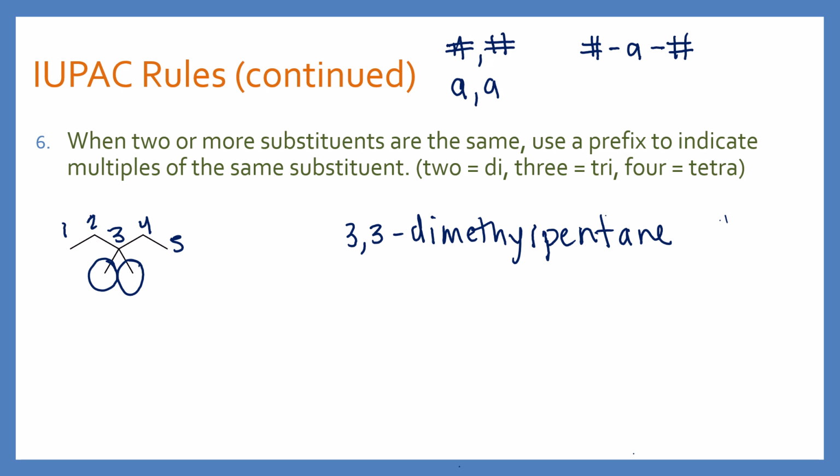Now, these happened to have my multiple substituents on the same carbon. My next example has multiple substituents on different carbons so that we can see what that would look like for the nomenclature. Now, for this one, I actually have to number my longest chain starting on the right-hand side because it's the closest side to the substituent.